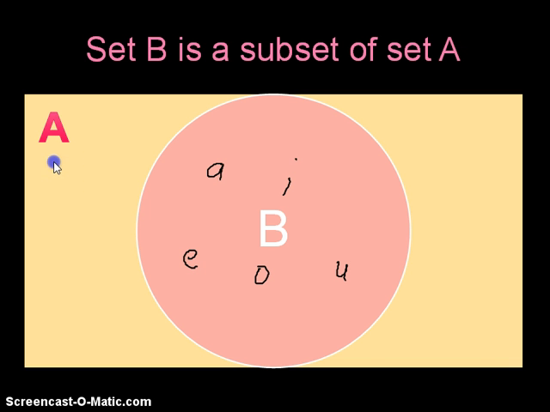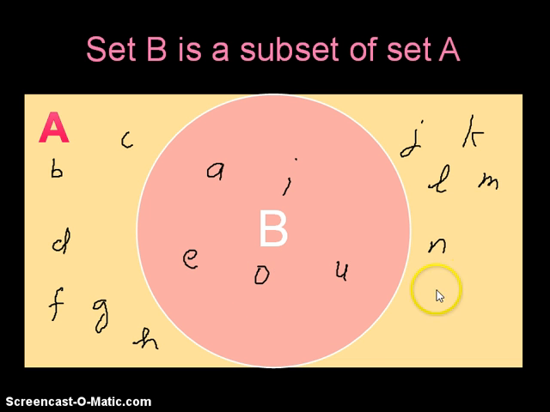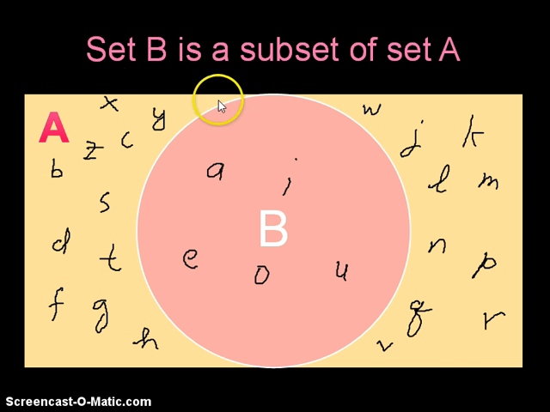So we just put the letter B here, then C, D, we already have E, F, G, H, we have I, J, K, L, M, N, we have the O, then just write P, Q, R, S, T, and we already have the U. Then we have V, W, X, Y, and Z. So these are all the elements in set A.